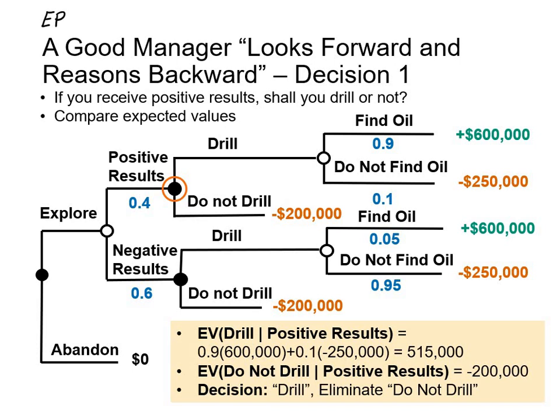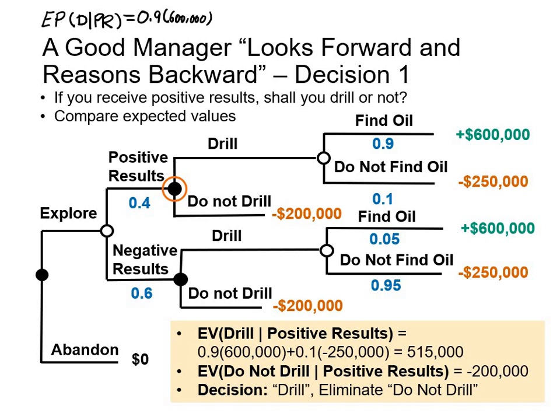I just call that expected payoff, drill, given positive result. Well, there's a 0.9 chance that we get 600,000. And there is a 0.1 chance, and of course after each chance node, the probabilities need to sum up to 1.